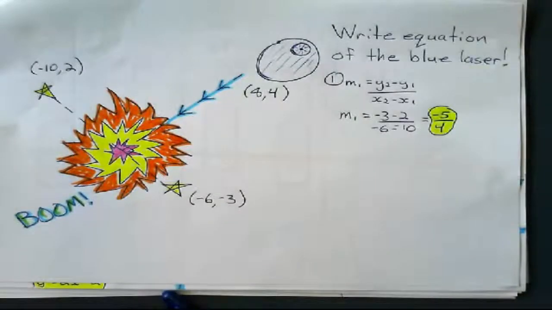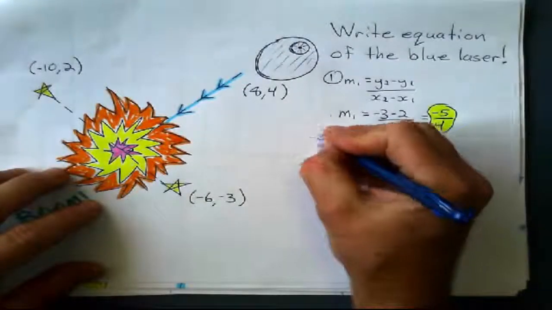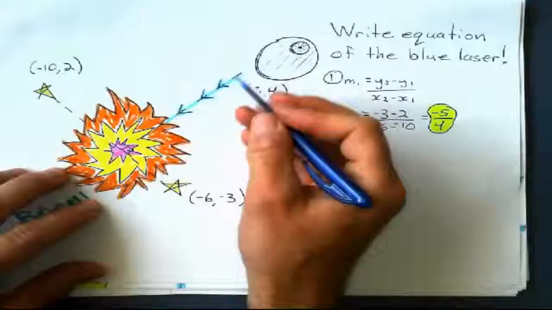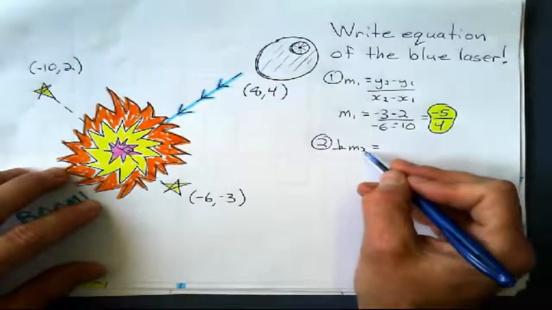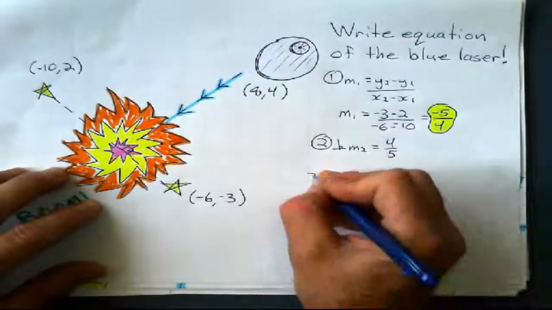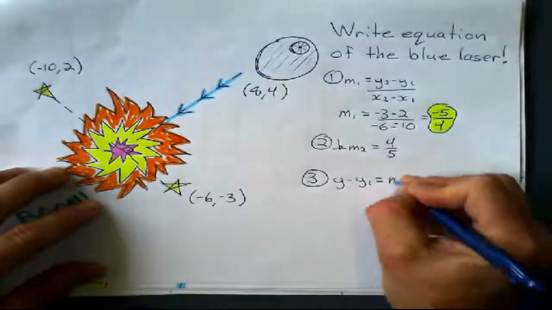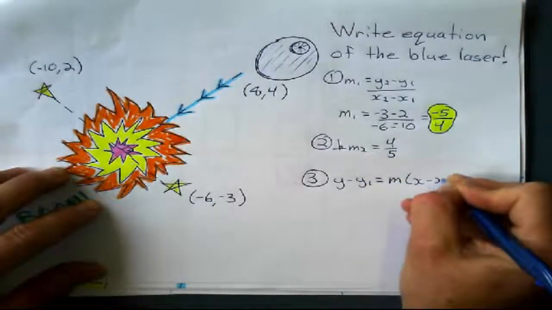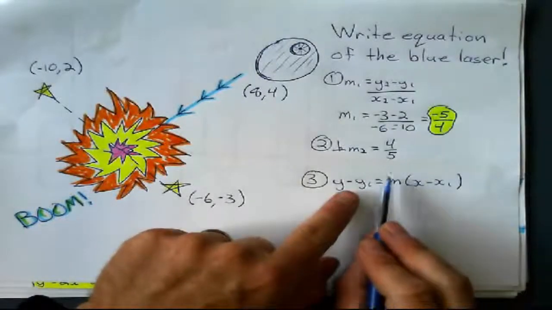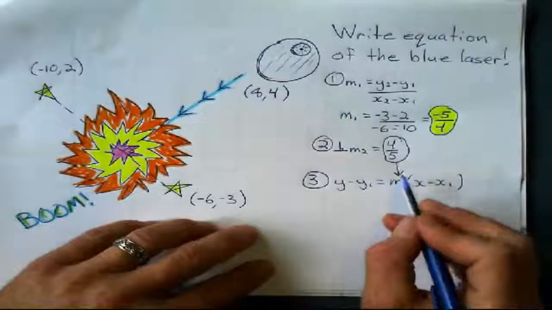And I don't care about the equation of that line because I want the equation of the blue laser. So, second step, what's the perpendicular gradient going to be? The opposite reciprocal of -5/4, which is 4/5. Finally, equation: y - y1 = m(x - x1). What do I use here? First of all, I use that gradient, and I use that point.